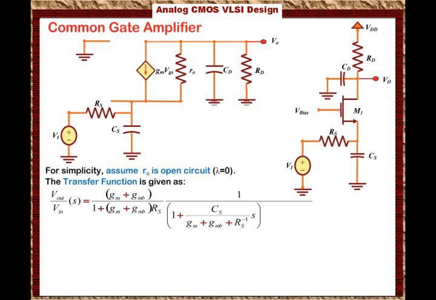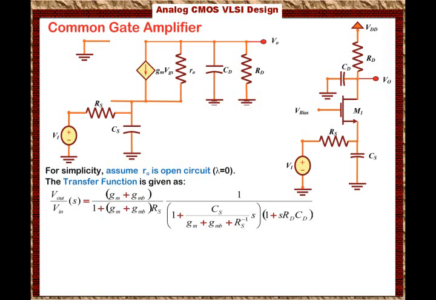So this is the first pole in the circuit, and then also multiplied by 1 plus S times Rd times Cd. Basically, we have two poles. One pole occurs at the input, caused by Cs. Another pole occurs at the output, which is caused by Cd.